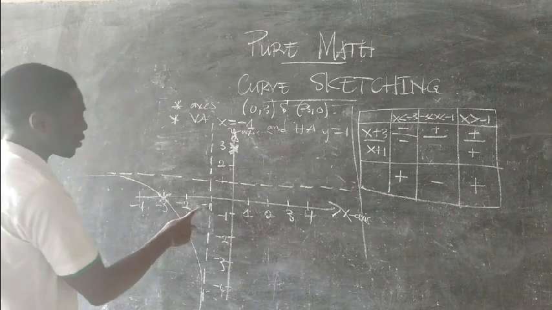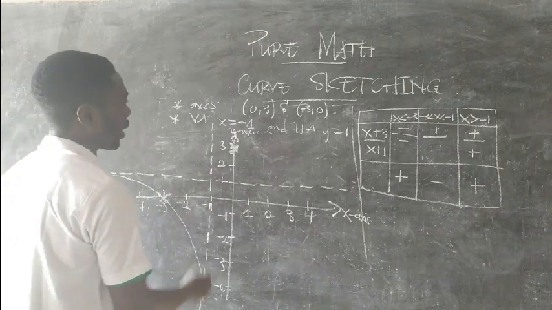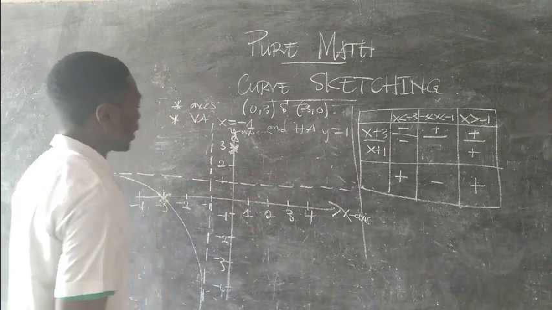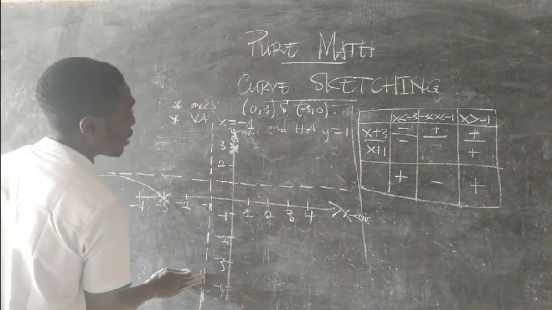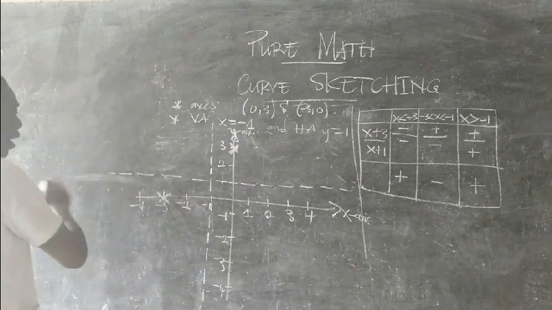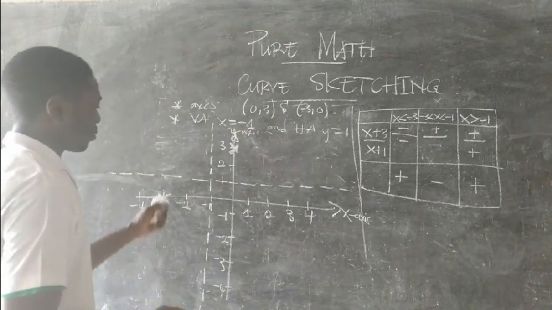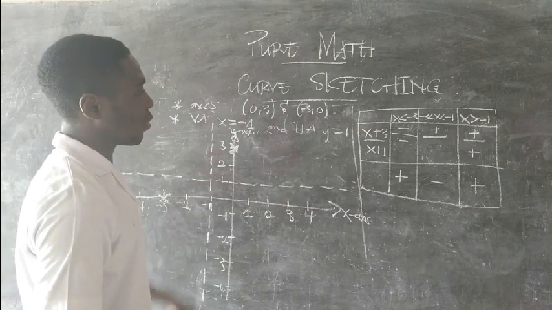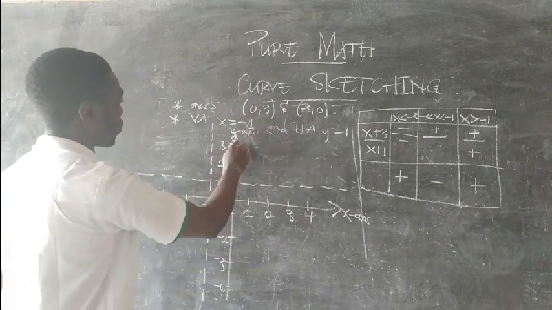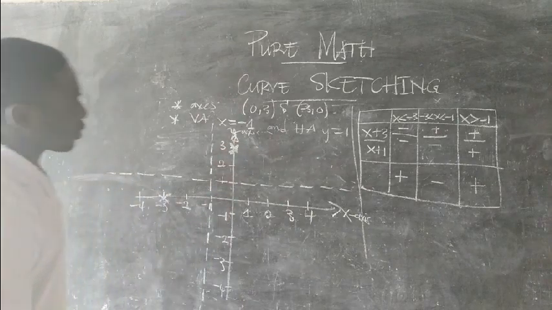Our vertical asymptote was x equal to negative 1, and our horizontal asymptote is y equal to 1, and our first point we saw there was negative 3, 0, is clear, and the other point is 0, 3, which we have actually seen here perfectly.